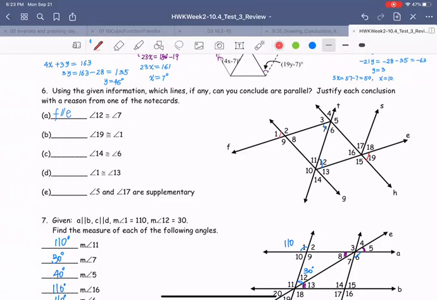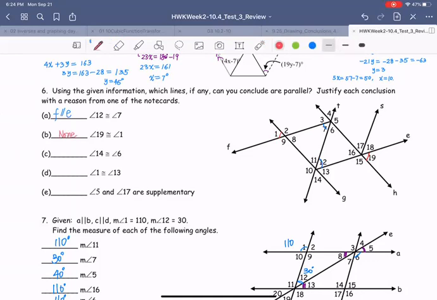Not really, because these angles are not corresponding angles, alternate interior angles, or consecutive interior angles, right? From these two, you cannot give any conclusion. So this one is not.